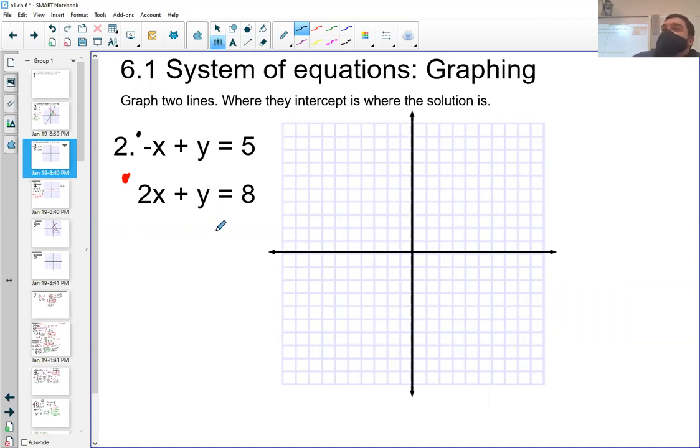Yeah, go ahead. For the other one that you just did. What about it? Just tell me first. You could put the equations right next to each other and make them equal each other. That's solving by a different way, yes. We'll talk about that for 6.2, 6.3, 6.4.